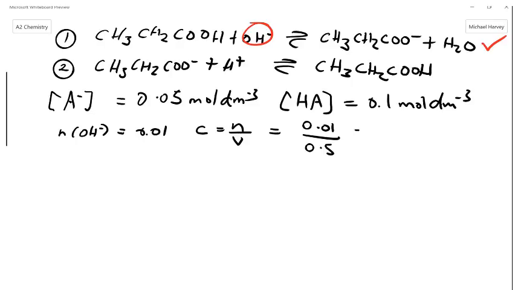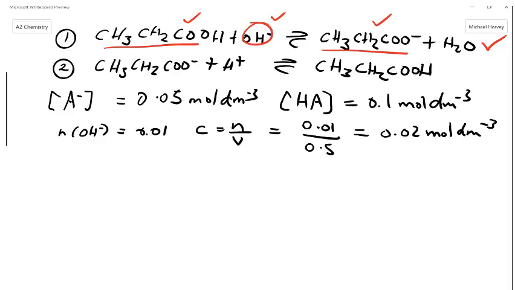So that will equal definitely 0.02 moles per decimeter cubed, the concentration of the hydroxide. In terms of our first equation, we now have this, this, and this, and we don't worry about water because that is the solvent. So how is the concentration of the acid and the conjugate base going to change as we add hydroxide? That's the next point.